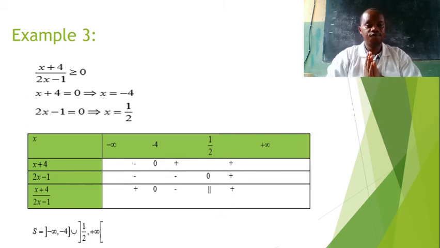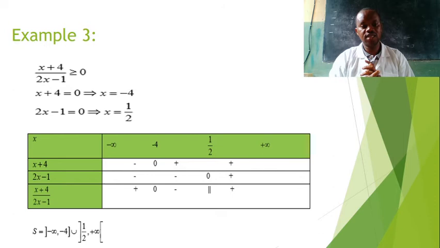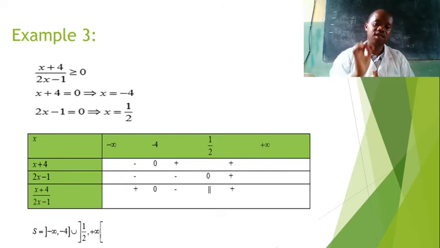And for the quotient of the two factors, we will take the sign for the numerator and divide by the sign for the denominator. It means that for the sign of x plus 4 over 2x minus 1, the first interval will take minus over minus.